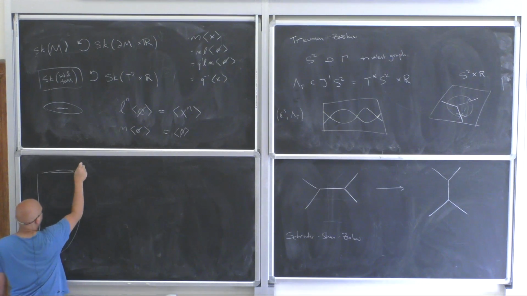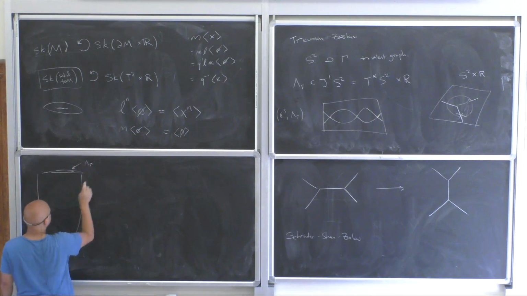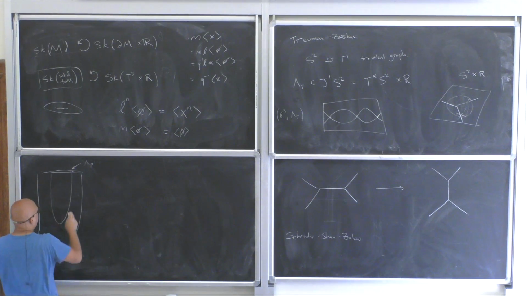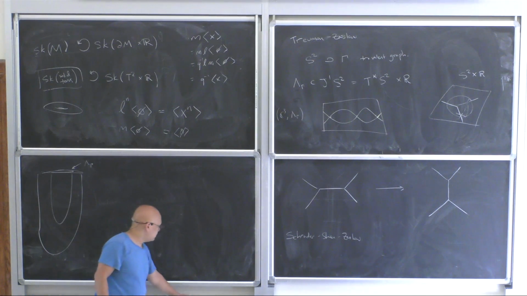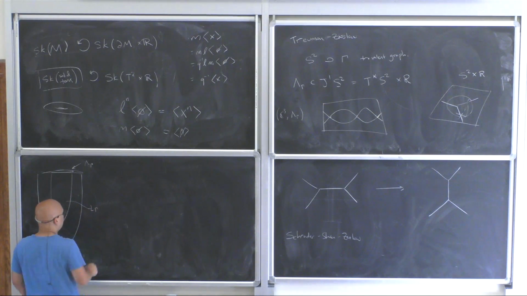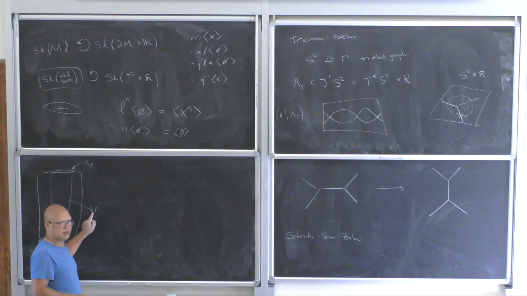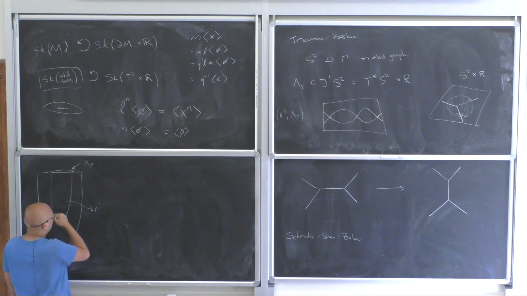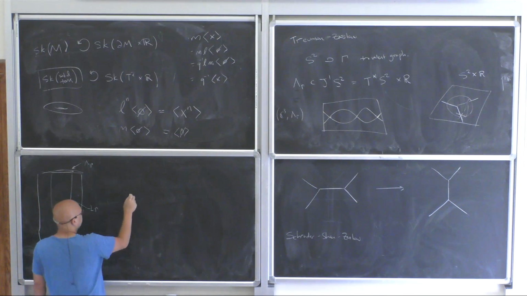So I can play the same game. Lambda gamma here, and some filling. I'm going to call it L gamma, although the filling doesn't only depend on gamma, it depends on some other data. And I can ask, count curves.